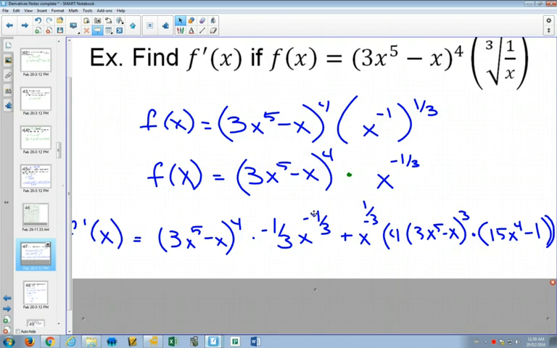Then we add, keep the second one the same. The derivative of the first one is a chain rule because we have a function inside of a function. So the 4 comes out in front, subtract 1 from the exponent, keep the inside the same, and then multiply by the derivative of the inside. And there we have our entire derivative.